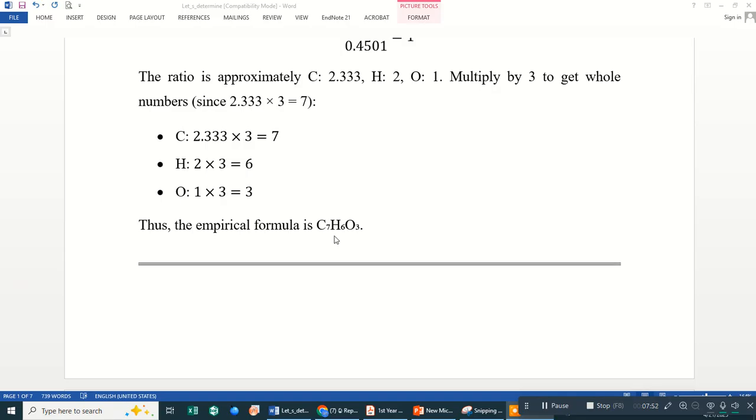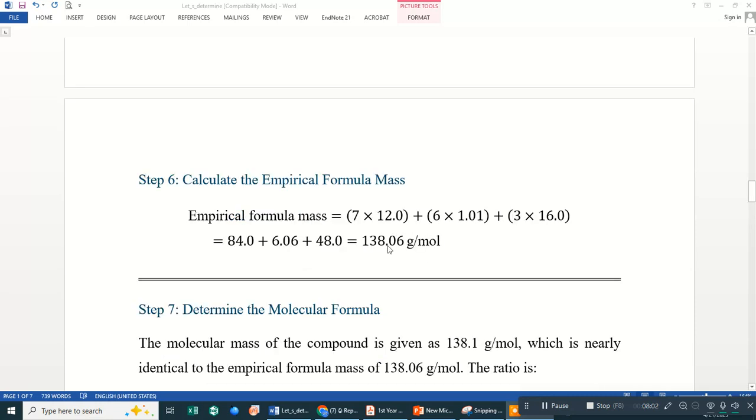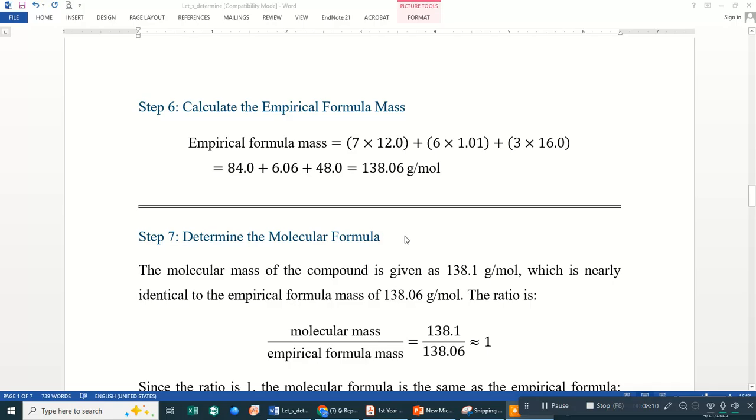Okay, we have calculated the empirical formula. Using this empirical formula, next we find the molecular formula. To find the molecular formula, first of all we calculate the empirical formula mass. The empirical formula mass is 138.06 gram per mole, and the molecular mass of the compound given in the statement, which was calculated by mass spectrometry, is 138.06.